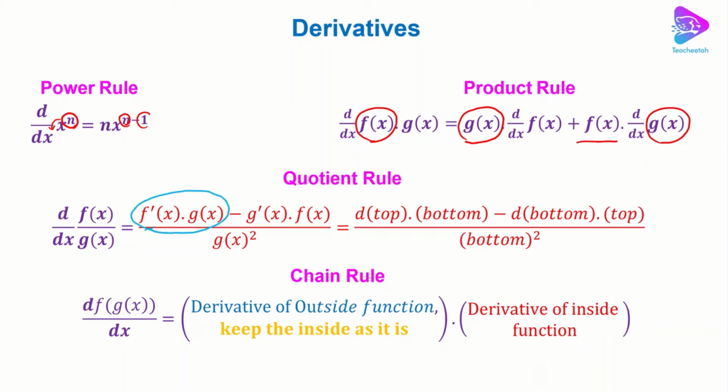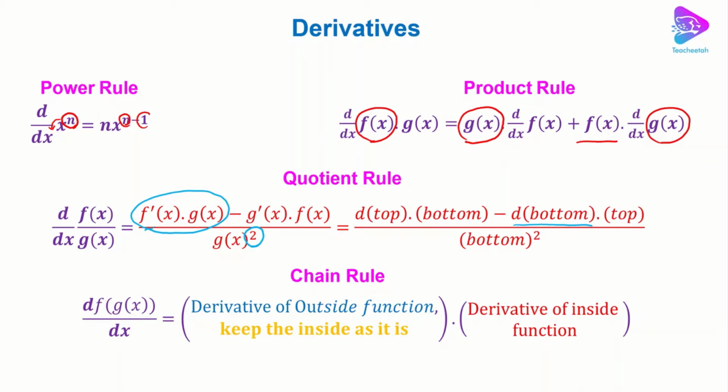And the second term is going to be the derivative of the bottom, and then we keep the top function as it is. So it's going to be g prime of x times f(x). And the bottom function we'll keep as it is but to the power of 2. So you can see here g(x) to the power of 2, or the bottom function squared.